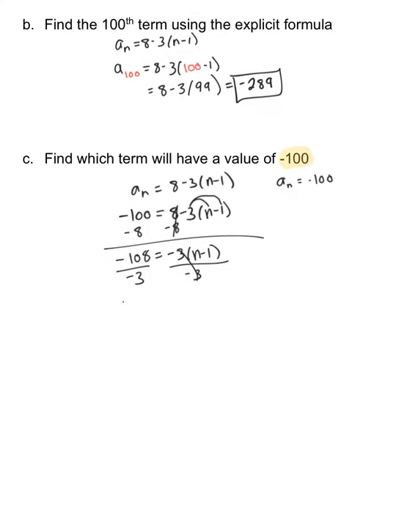So we're going to have 36, a negative divided by a negative is going to turn positive. I'm going to add 1 to both sides. So 36 plus 1 gives me 37. So that means that the 37th term in my sequence would have the value of negative 100.